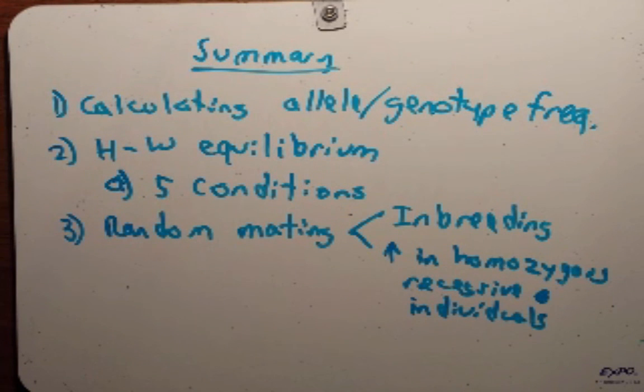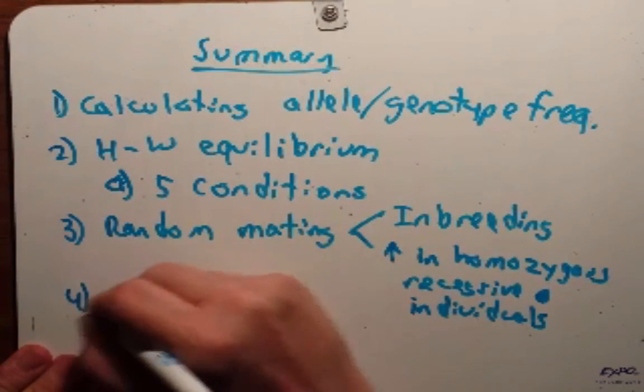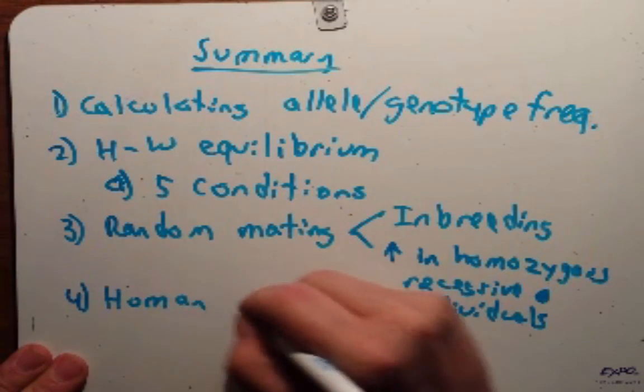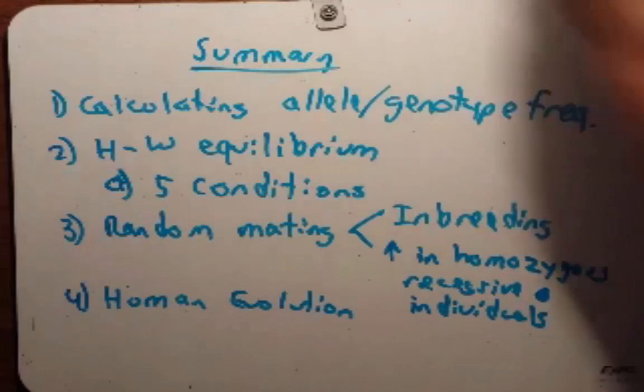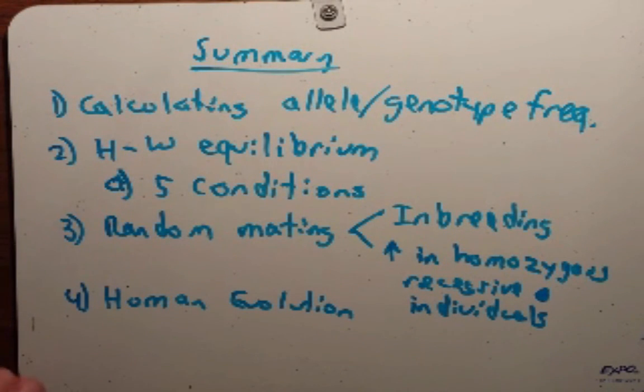As I've said a few times in class, most organisms, humans included, are walking around with a lot of deleterious mutations, but they're protected because they exist as a heterozygote. But if we increase the probability of having these homozygous recessives, then we increase the chances of individuals having these rare conditions. And finally, we closed with talking a little bit about human evolution.